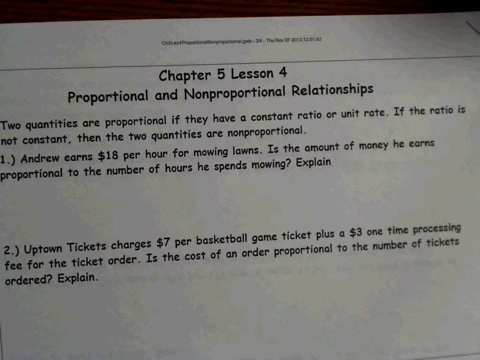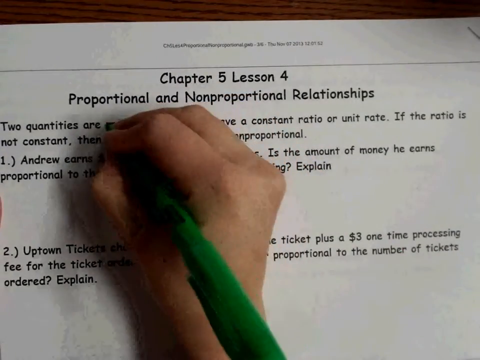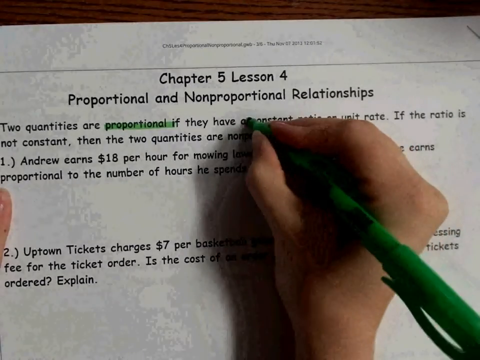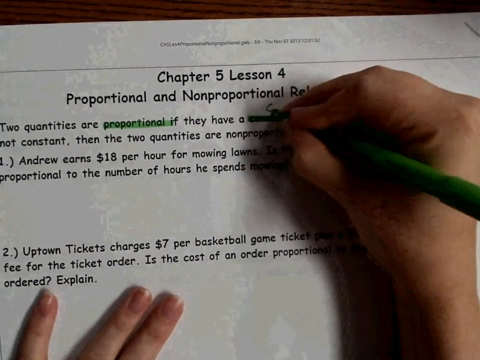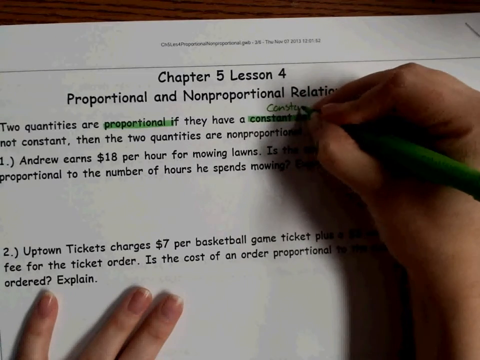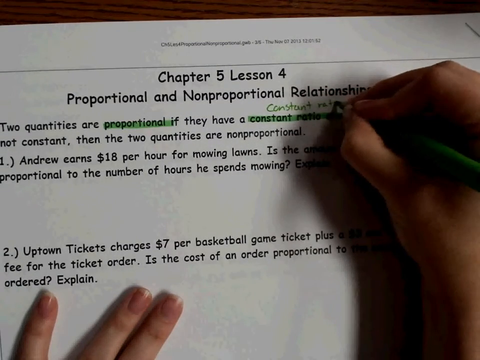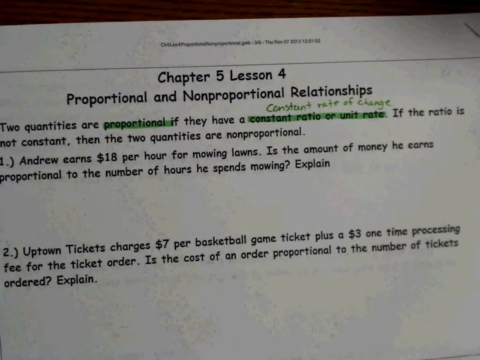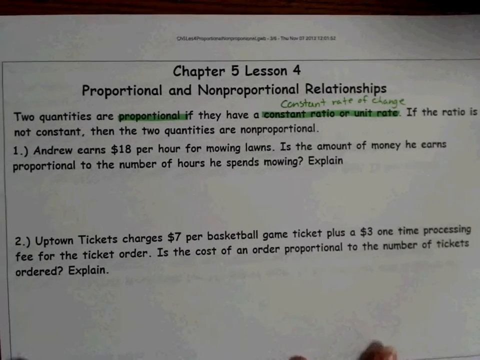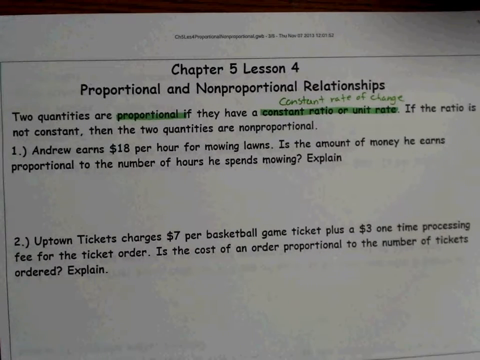So go ahead and underline or highlight, we'll do that in green, that two quantities are considered to be proportional if there is a constant ratio or a unit rate, otherwise known as a constant rate of change. Now, if there is not a constant rate of change, then it's considered to be non-proportional.